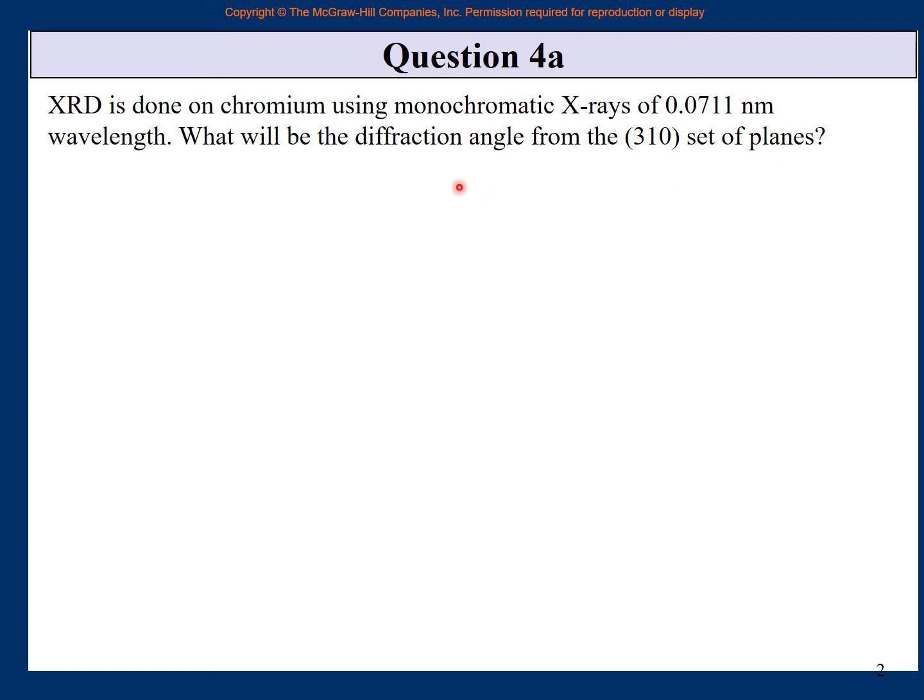So if you remember XRD, if you are good in it, XRD is being done, the metal is chromium, the wavelength of the X-rays is given, the plane from which the diffraction is being done, 310, is given. What will be the diffraction angle? So it is not a complicated thing.